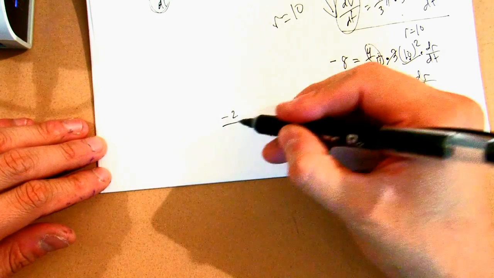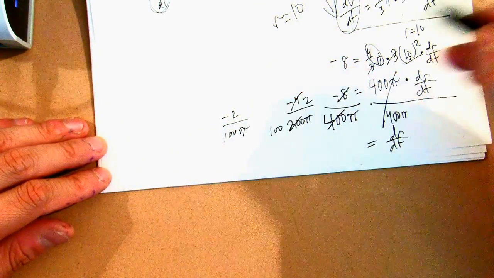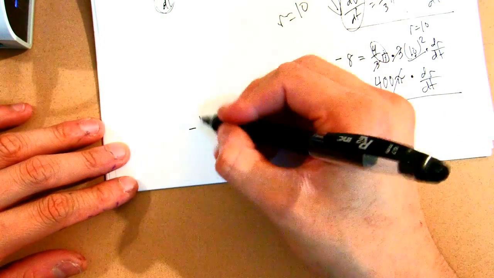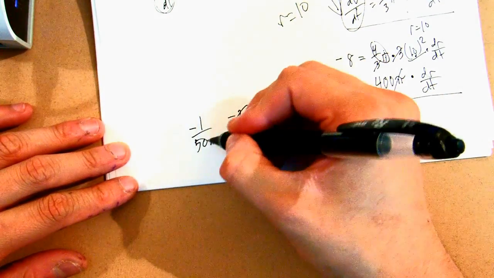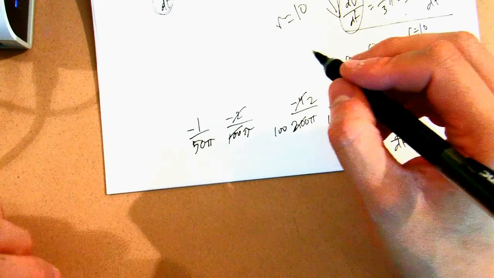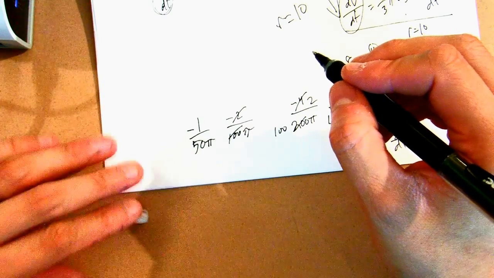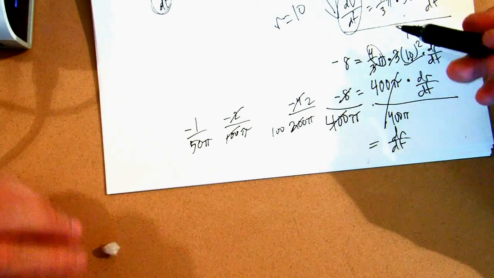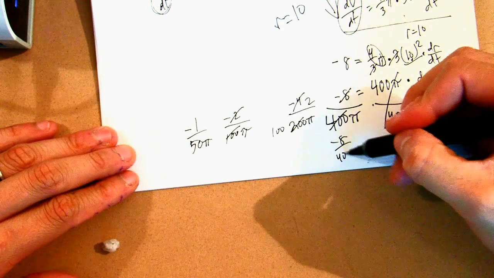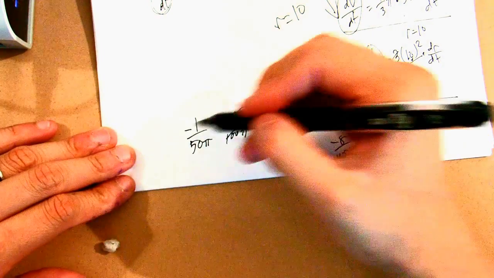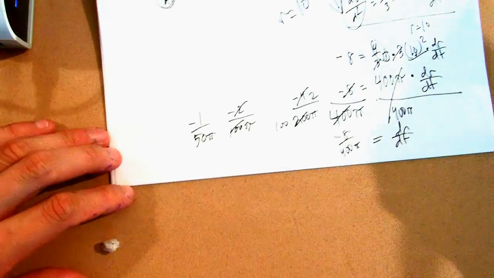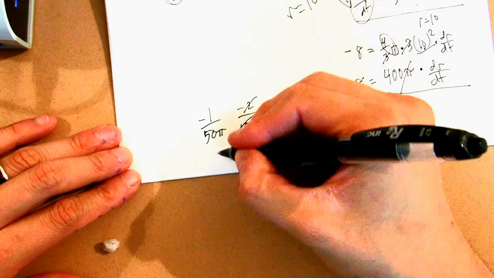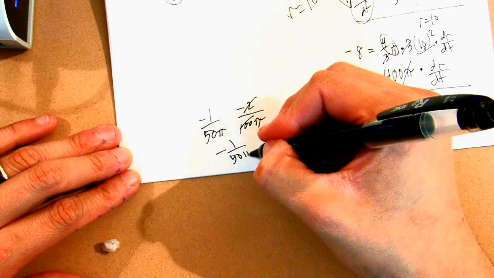That's negative 2 over 100π. Why are you taking out all of the 2s? Because I want to reduce it, just to make the math easier for me. You could have left it as negative 8 over 400π, but it's nicer to simplify it. So dr/dt is negative 1 over 50π.